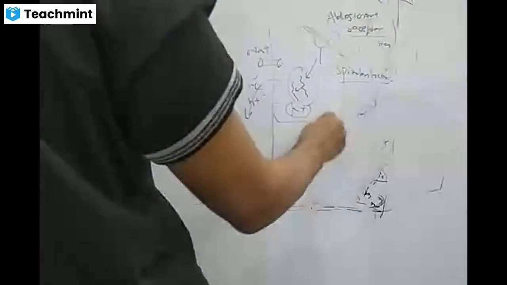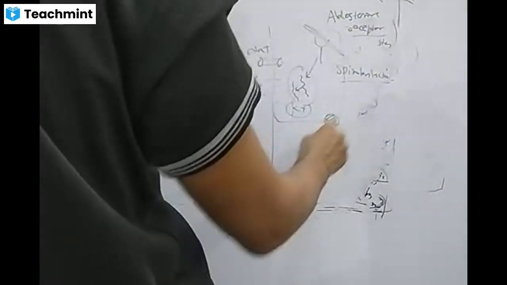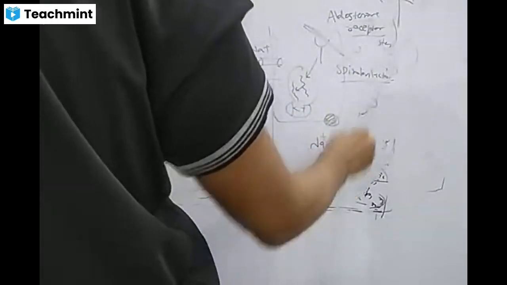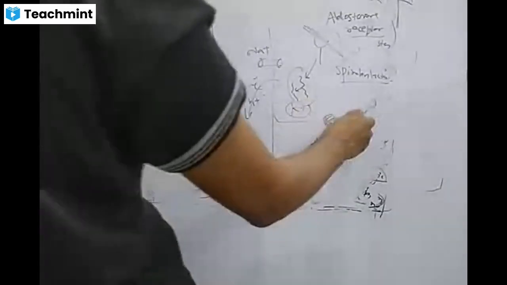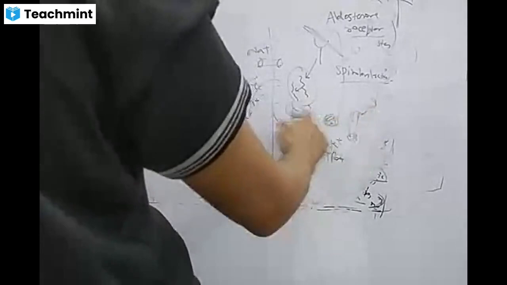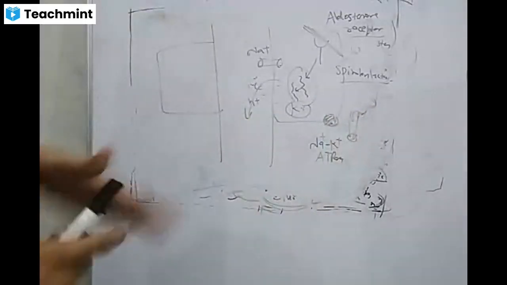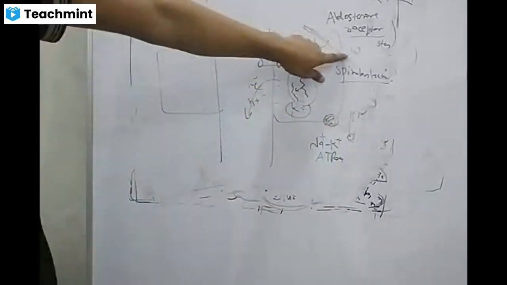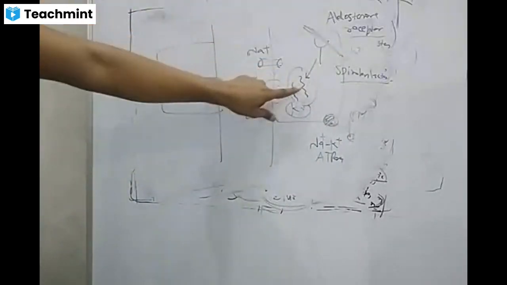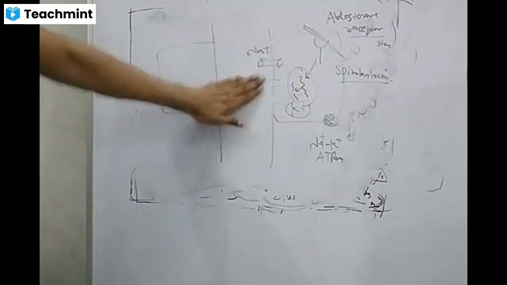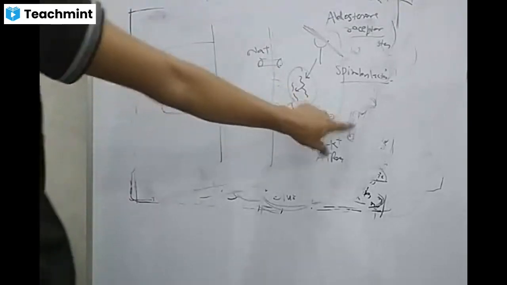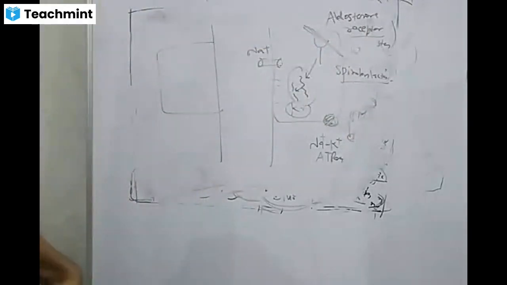There is one pump, sodium potassium ATPase. With the help of this, the potassium will enter into blood. So in this way, we have spared or saved our potassium. We block the receptor, no transcription, no translation, and there is no potassium channel at the lumen area. So it will not come out. All the potassium will enter into blood and remain in the blood.